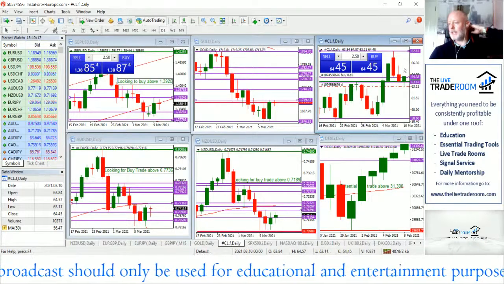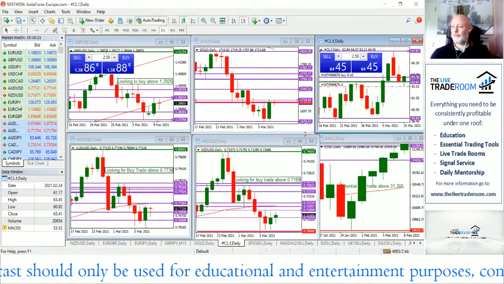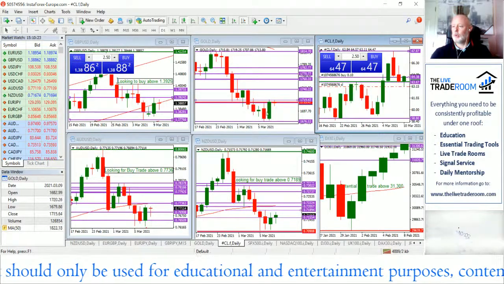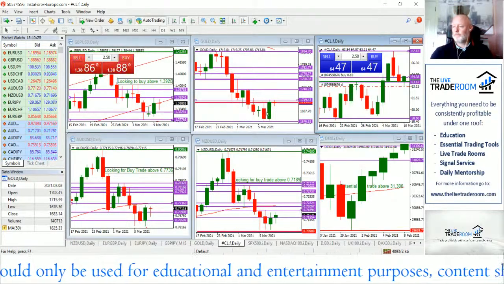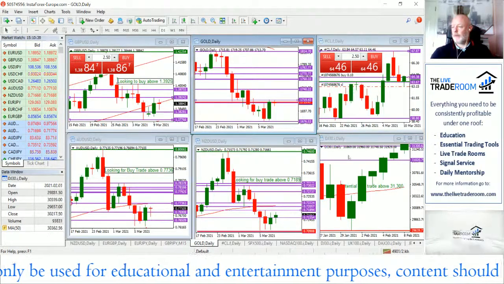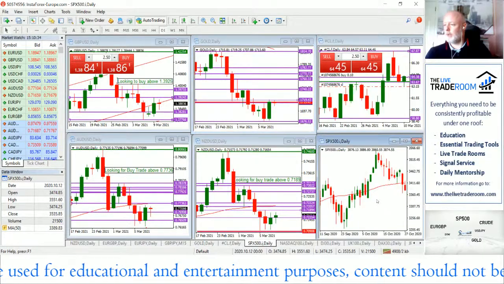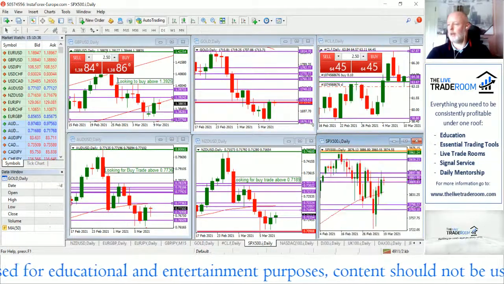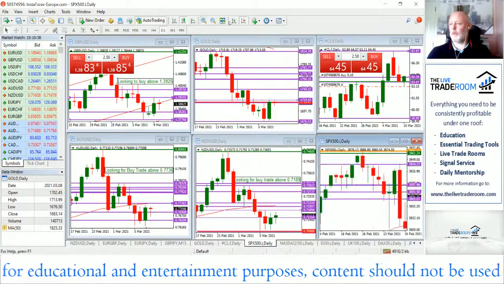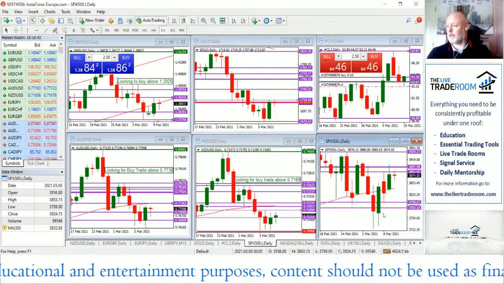So we can expect this further to the upside for the crude oil. So what we'll do is just keep an eye out on the daily time frame for the S&P 500, and we'll get rid of some of these levels again.